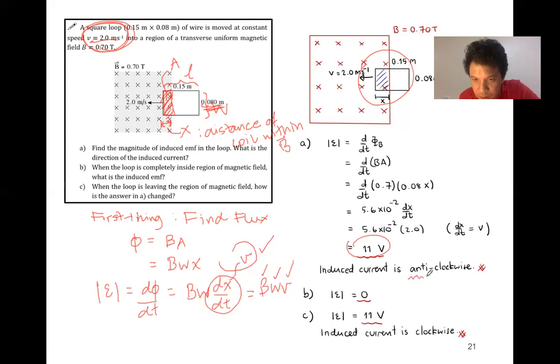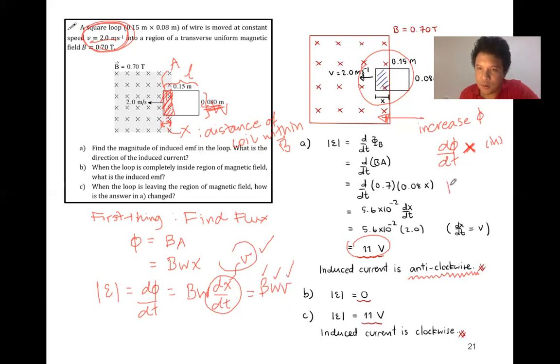But how to prove that this direction is anti-clockwise? We again use Lenz's law. In this case, moving the coil in will increase the magnetic flux, so d phi by dt will be in the direction that goes inside, toward the screen.